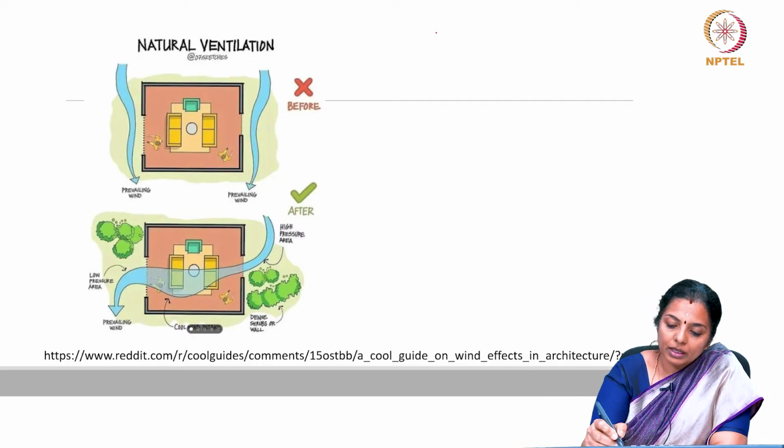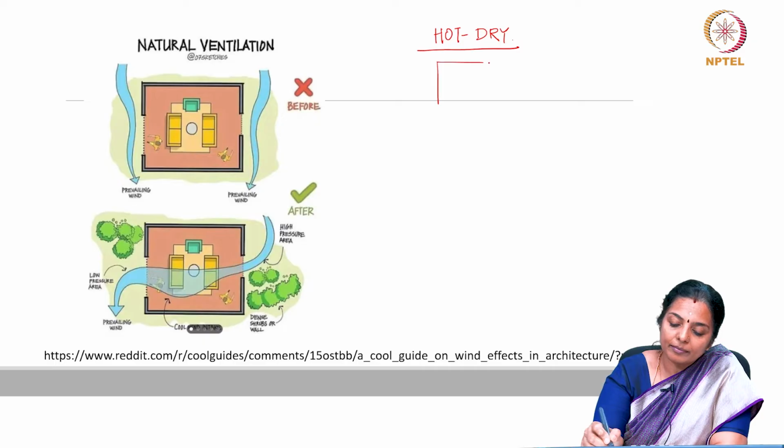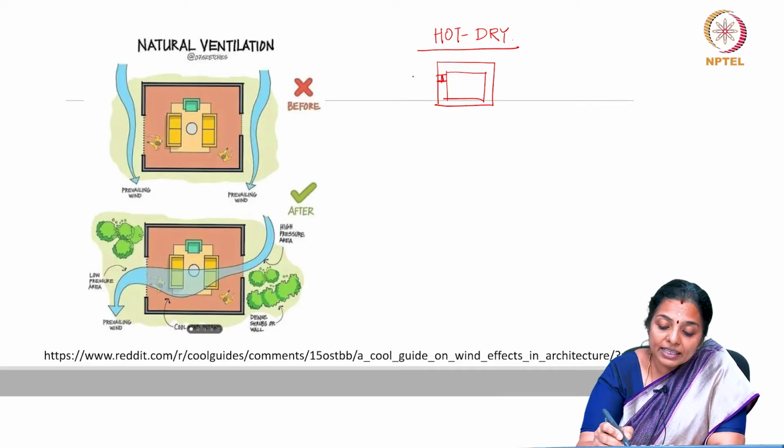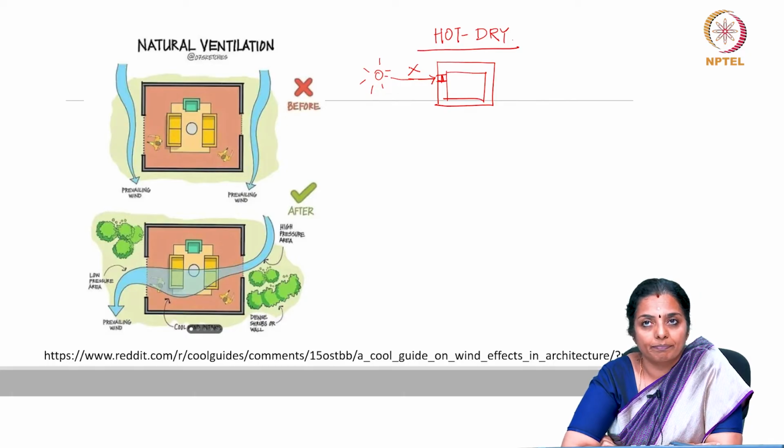So, in hot dry climates, one must have very small windows, because we do not want the aggression of heat inside. Already it is a warm place and we do not want heat inside. Being a sunny zone, smaller openings will allow only daylight, that too sufficient daylight.